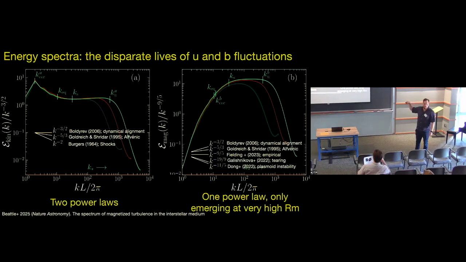Does that make sense? We think that if you go to large enough grid resolutions, there could be a set of scales at high enough K that are influenced by the cascade set by reconnection. So you have to get into this asymptotic regime where there are tearing modes popping off everywhere in your turbulent box. Very tricky to do. You have to go to these 10,000, 5,000 cube simulations.